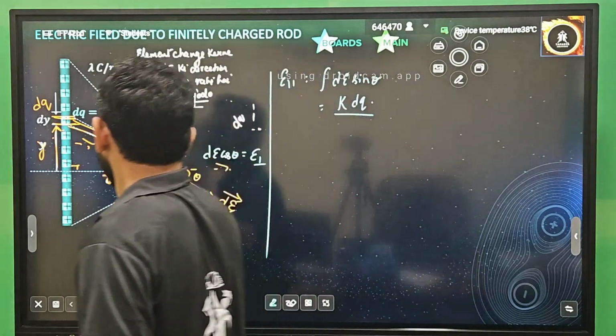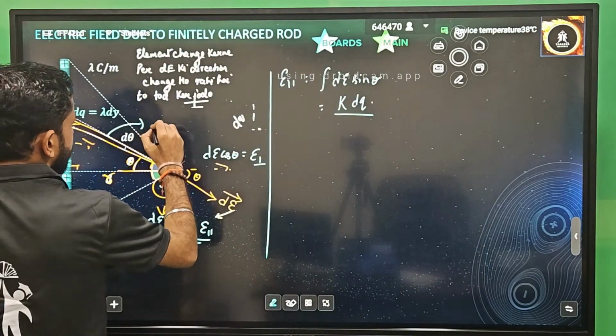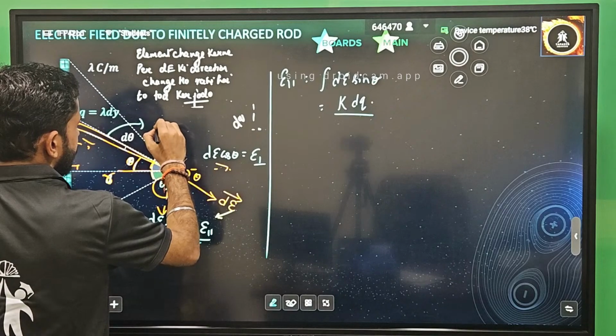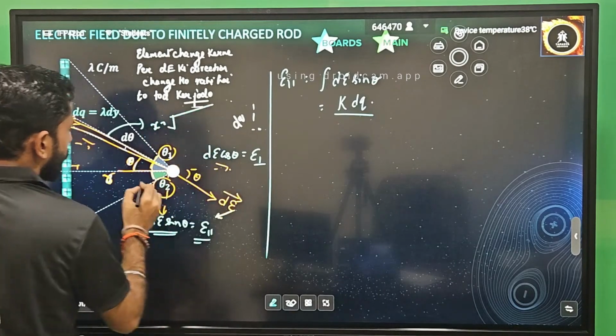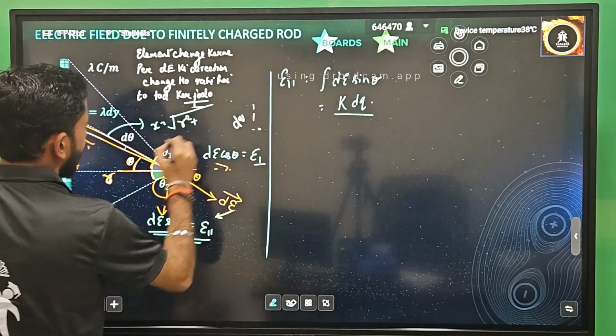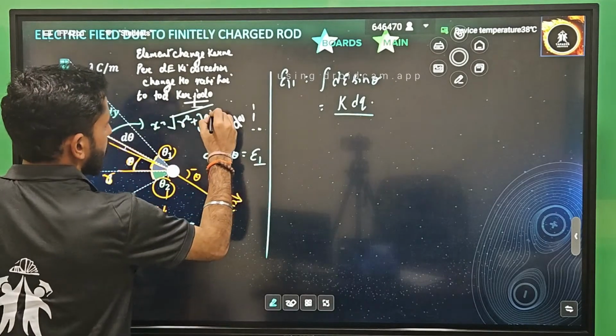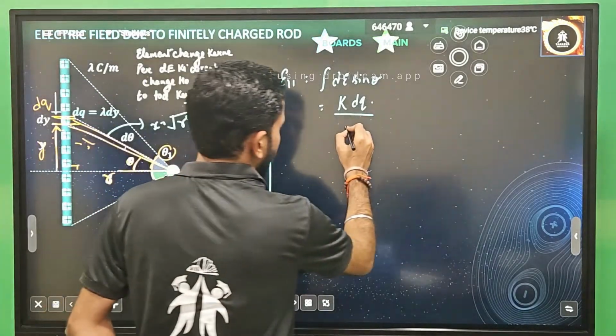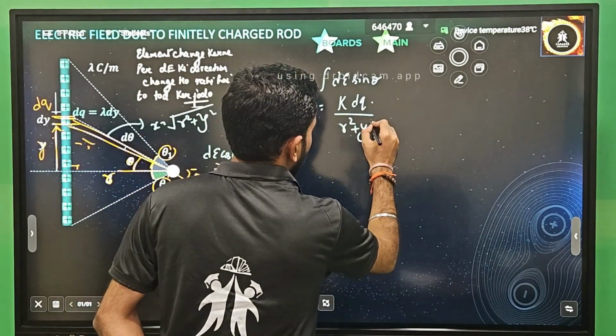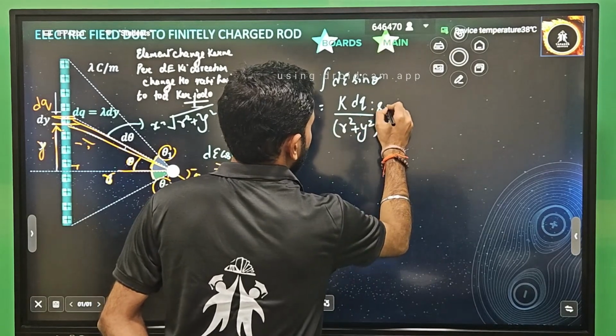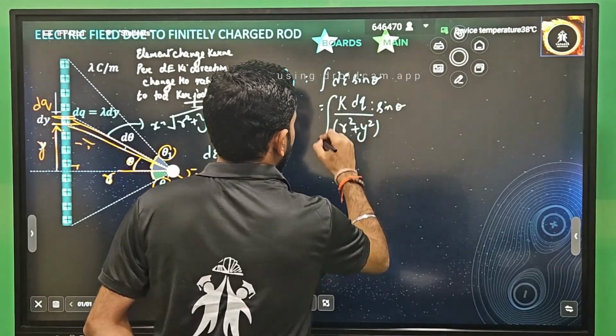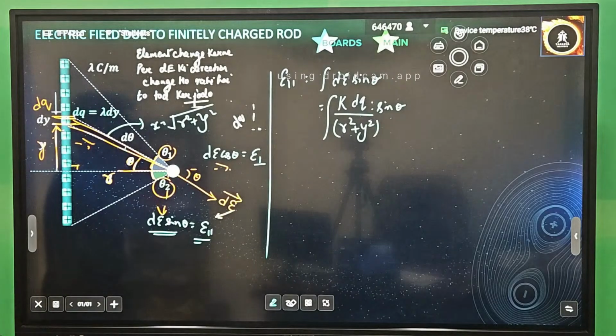Can you tell me what the distance is going to be? For this distance, can I say it will be root under r square plus y square, the perpendicular distance? And if I square this, I can simply say it is r square plus y square, into sin theta, integration. Correct?